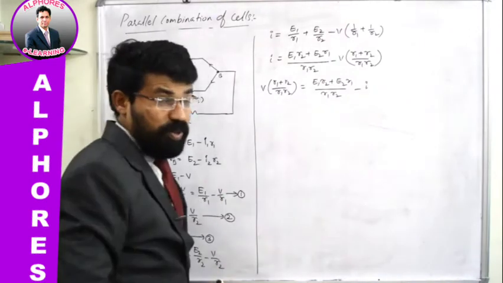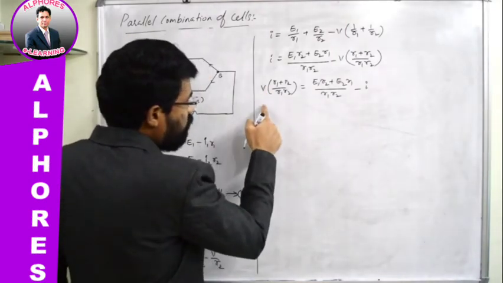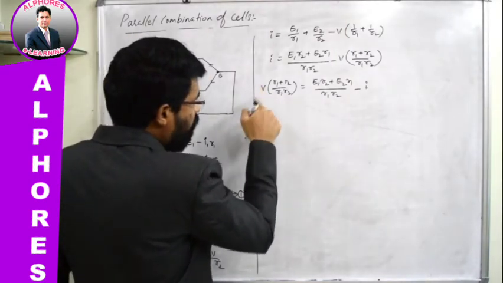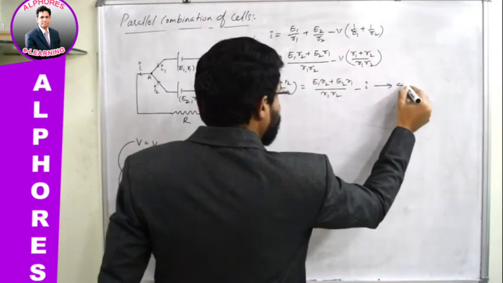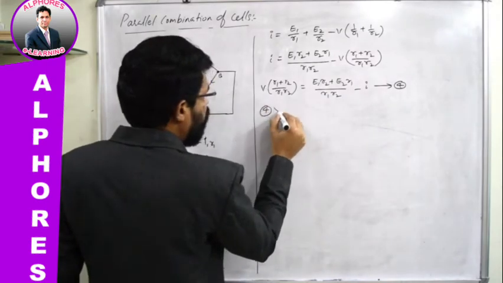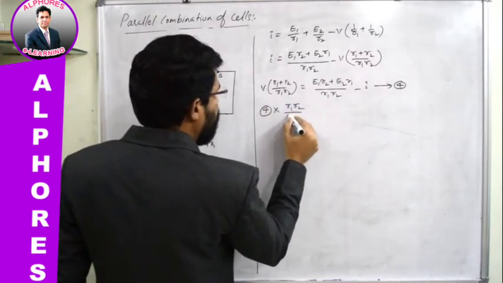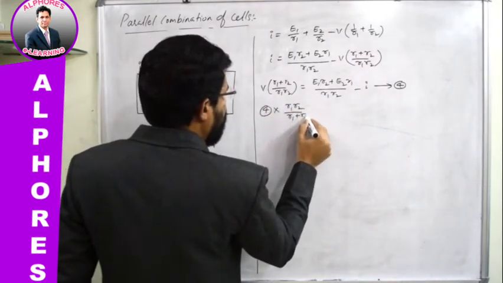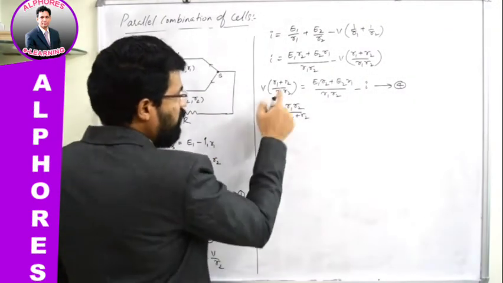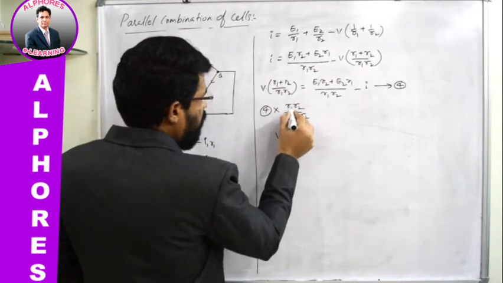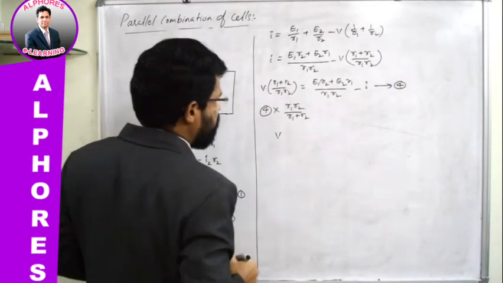On both sides, I am going to multiply with R1 R2 by R1 plus R2. Let it be equation number 4. Let us multiply this equation number 4 with R1 R2 by R1 plus R2. What happens when you multiply this term to the LHS part? It becomes 1, because R1 gets cancelled and R1 plus R2 gets cancelled.